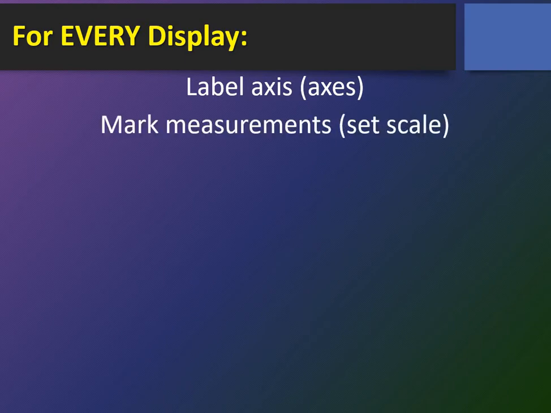Sometimes that includes talking about what your measurements are, setting your scale. Now, please understand, a lot of people have issues with this. Even if we're talking about percents, you do not need to start from 0.